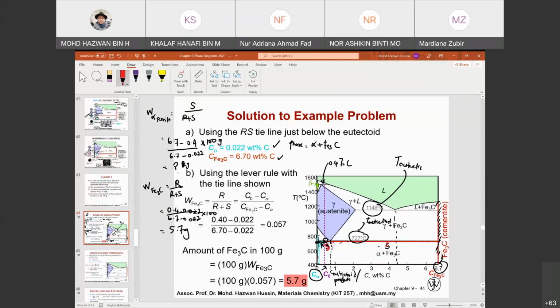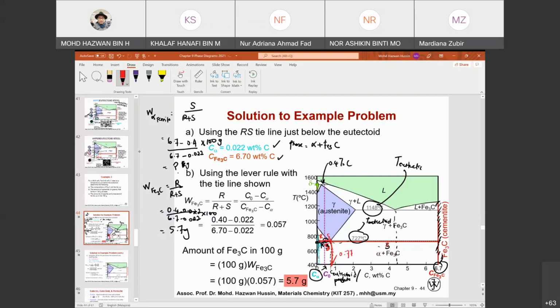So dia punya line sekarang dekat sini, sorry. And your R line is here, still the same. Your C naught is still here, 0.4, and the S value is from 0.4 until 0.77. Because here is actually 0.77. Okay. Right.